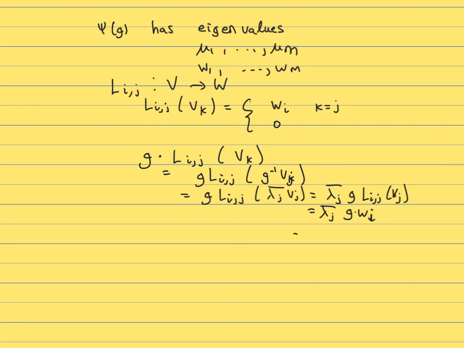And so Wi has eigenvalue mu i. So we see g L_ij sends Vk to this product times mu Wi, which is the same thing as what we get when we apply L_ij directly to Vj.